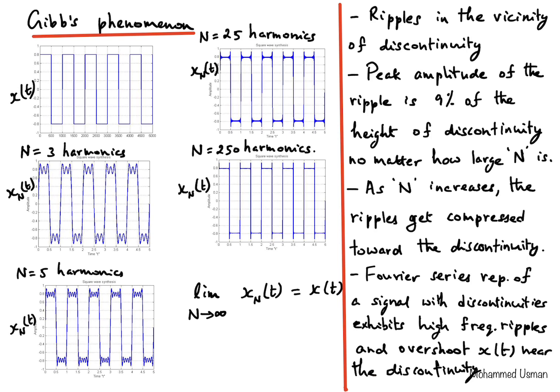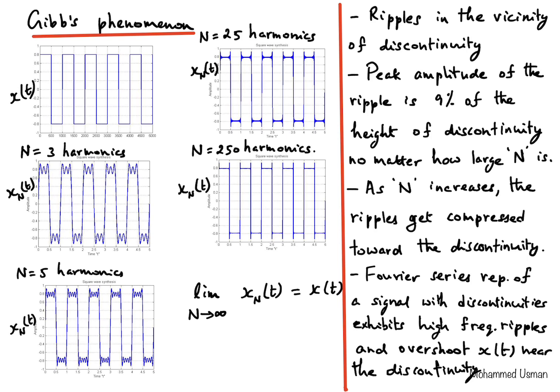Now what we have seen previously is that at the discontinuity, the value of the synthesized signal will be the average of the values on either side of the discontinuity. Here it's plus 0.8 and minus 0.8, so at that moment of time, the value of the synthesized waveform x1 of t will be the average of this top value and the bottom value.